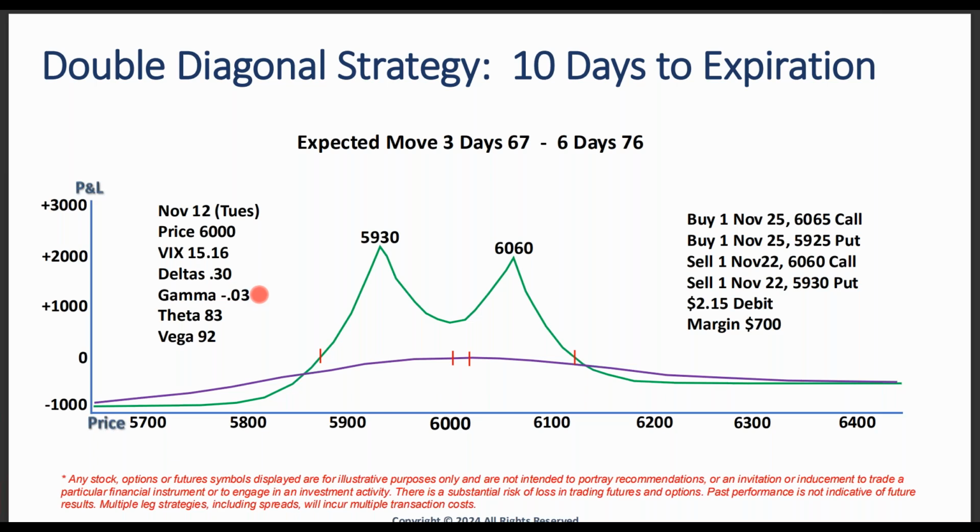As a range bound trader, we get long deltas on the way down, short deltas on the way up. That's not good. So ideally, I would like a lower gamma, minus 0.01, 0.02, even minus 0.03. That's not the whole story, but it just means that your deltas won't move that much for a given 1%, 2% move.